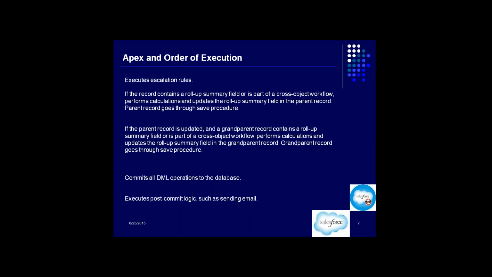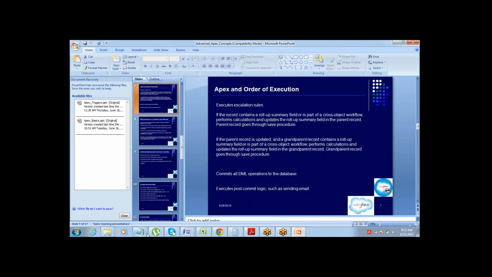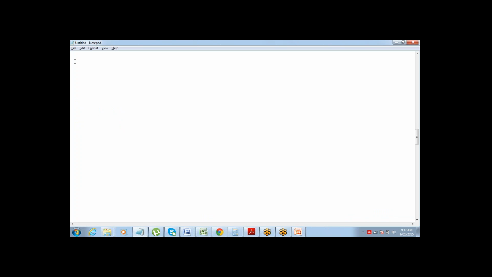So anything like sending email and all that stuff is executed only after this. So that's the process. If you think that process is a little long for you to understand, let me try to put it in simple words. Ideally, it's good that you understand this entire process, but it's as simple as that.